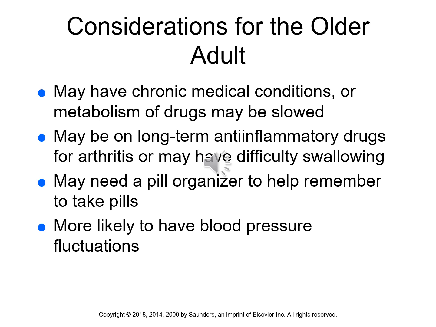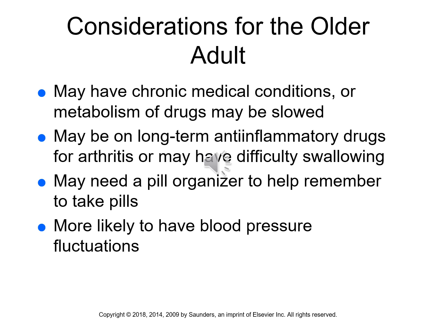Maybe they have some chronic medical conditions that prevent them from absorbing medications as quickly. Their metabolism is going to be slowed down as well. If they're taking anti-inflammatories for arthritis, that can impact how medications are absorbed. Maybe they have difficulty swallowing.